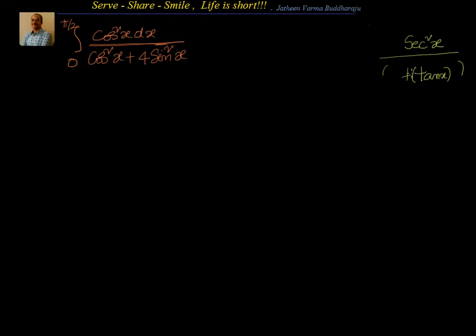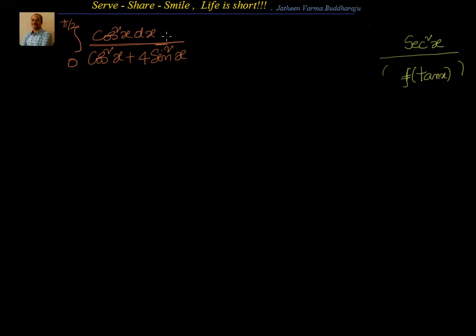If it becomes a function of tan x, then I can say tan x equal to t, then secant square x dx will become dt, and I should be able to use partial fractions and reduce it to one of the standard integration formulas. So the whole idea is to convert the numerator into secant square x so that the denominator will become a function of tan x. Let us see how we can do that.